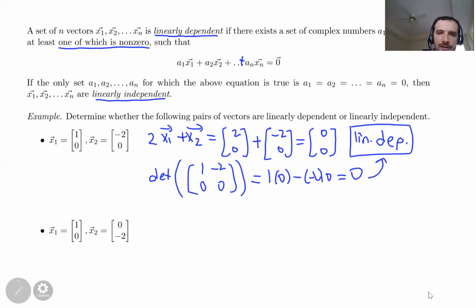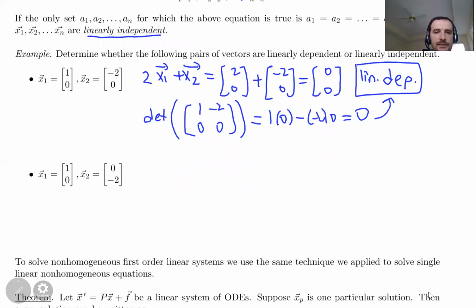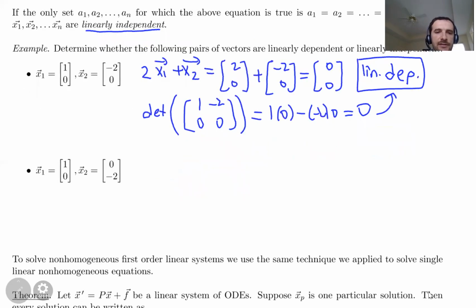But if you look at this example, the next vectors, they are quite simple, but I'm just switching the position of negative 2 in x2, right? And when I look at these vectors, I cannot come up with a linear combination easily. So let me write a general linear combination, okay?